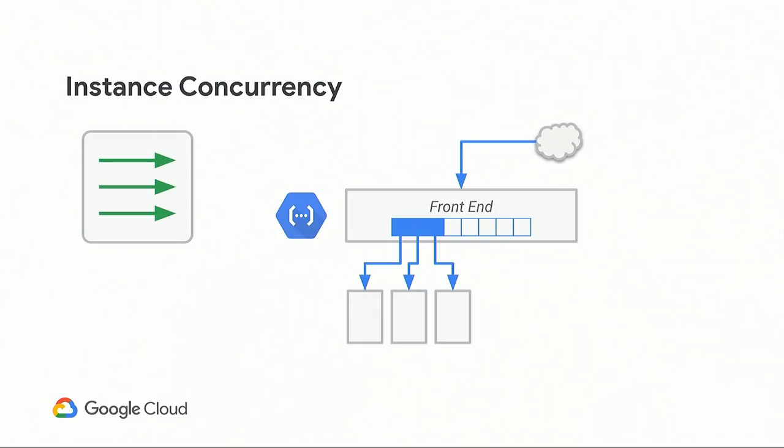While your request is running, you're paying. But there's a problem. Your function may not be using all the resources on that instance all the time. And CPU is the biggest culprit here. You're unlikely to be CPU bound for the entire duration of your function. You're going to be I/O bound, you're going to be doing other things, network bound in some way.